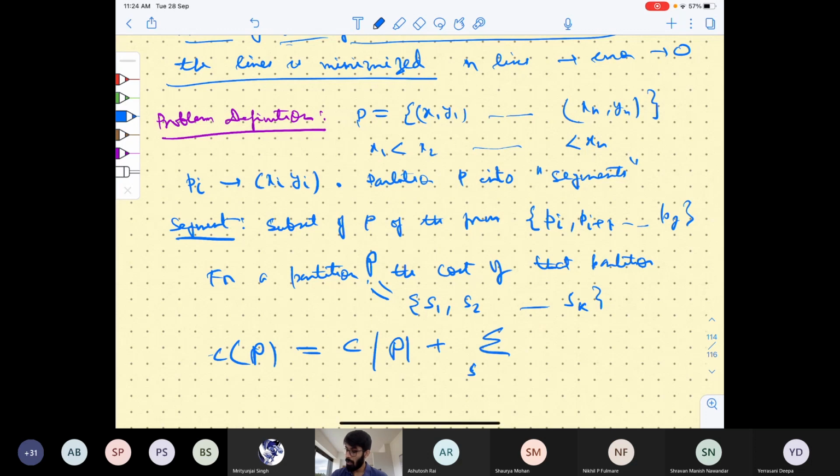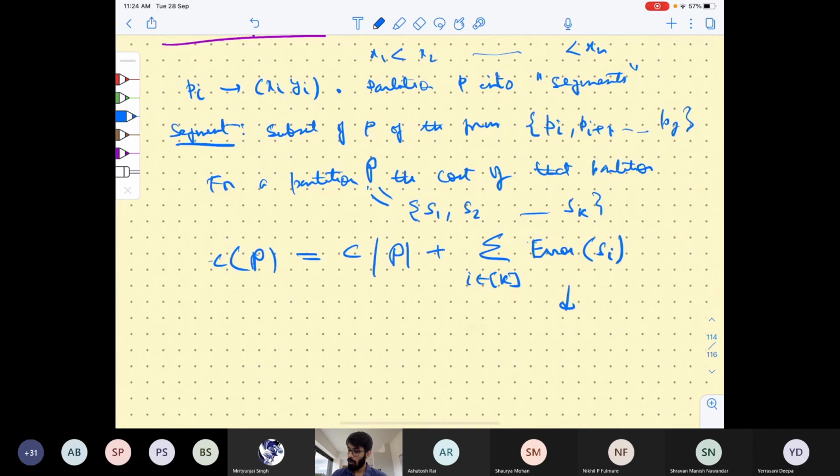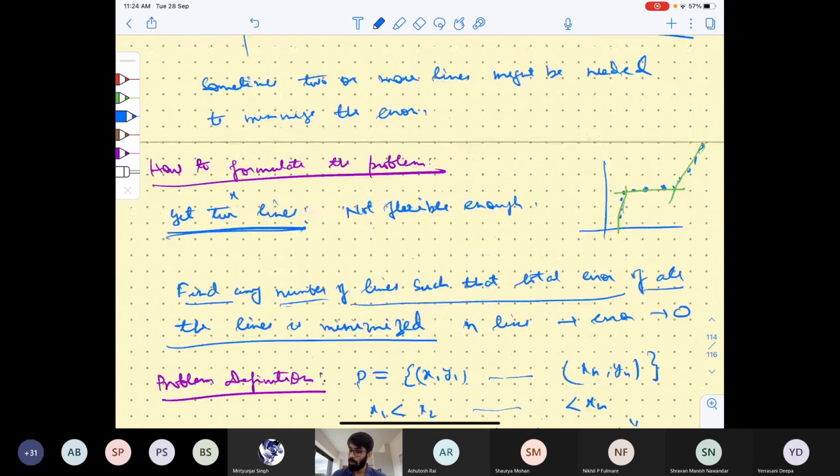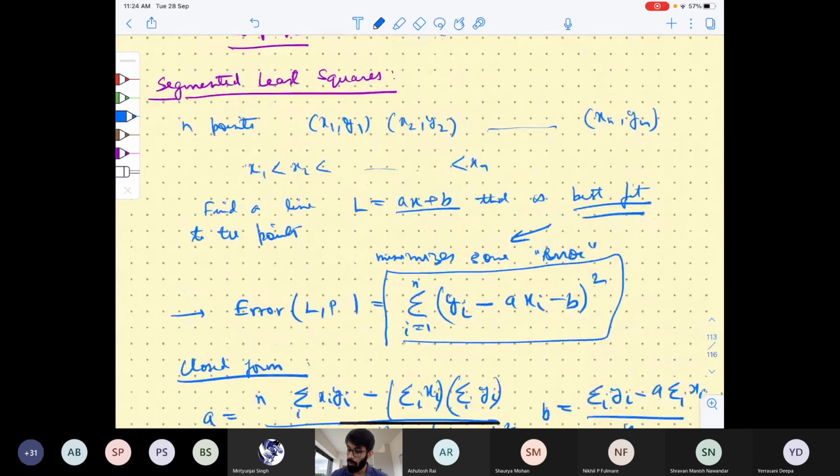the sum over i in k of the error of Si. And what is this error of Si? Now you just go through this formula and find this.